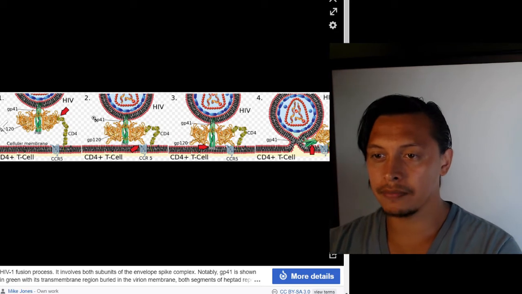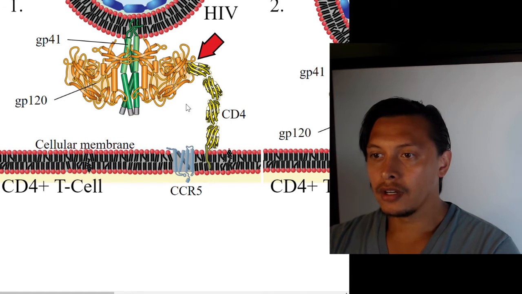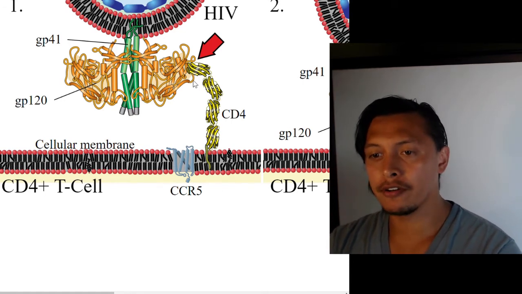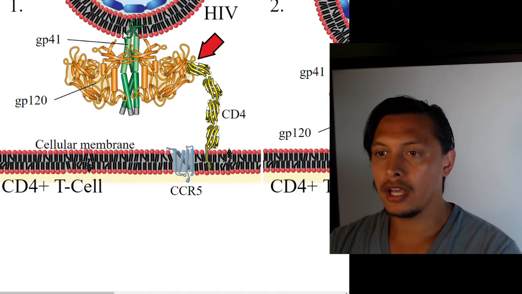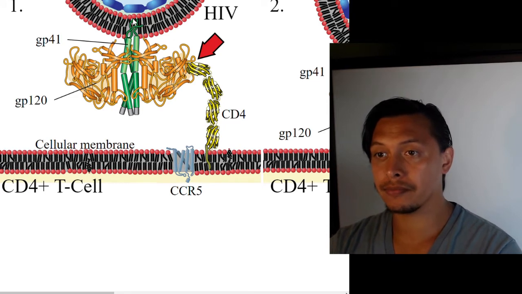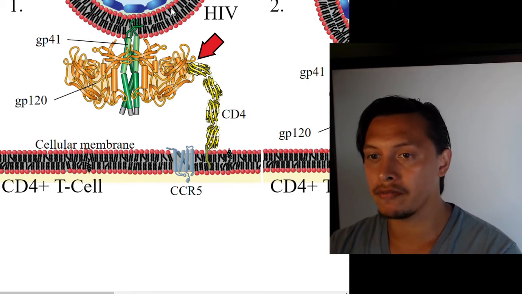And in fact, let's go to this Wikipedia article, and it might have, yeah. So here you can see, let me zoom in. This is the CD4 receptor on your CD4 positive T cells, and this GP41 is one of the envelope proteins that basically anchors this whole thing to the cellular membrane, or the envelope membrane of the HIV.